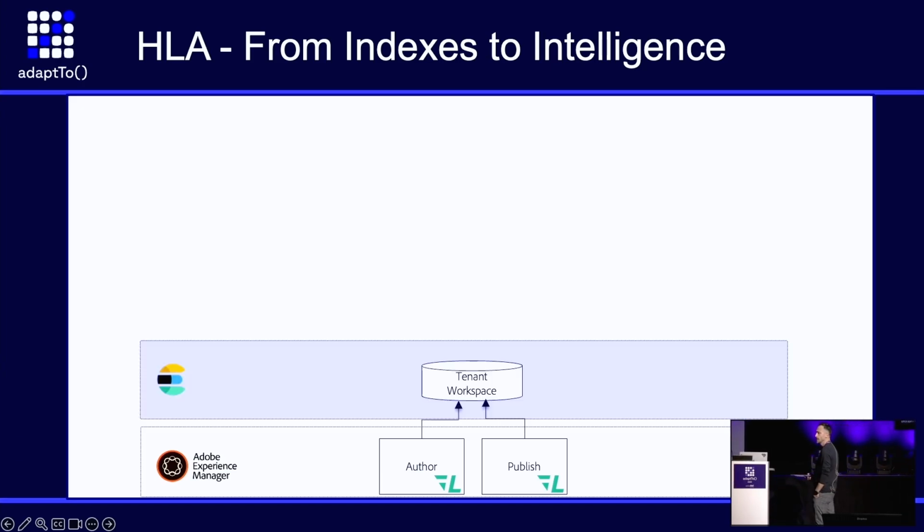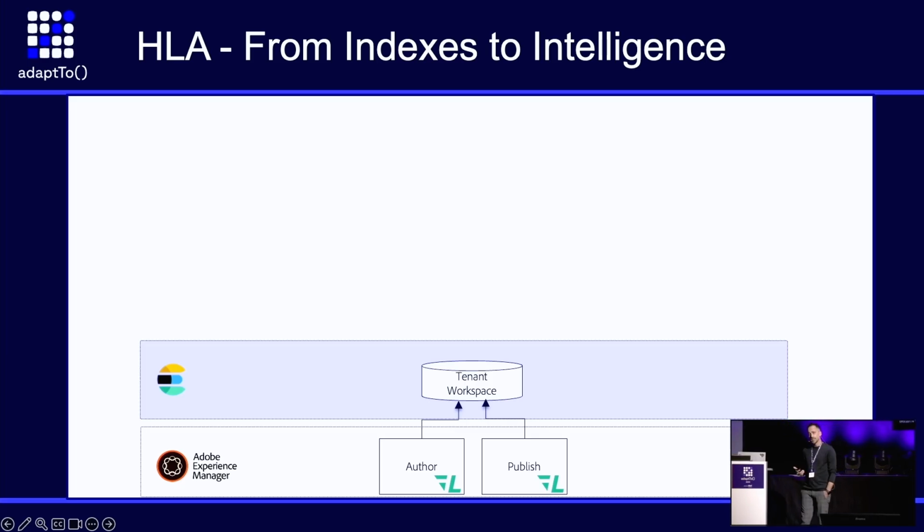We put a new layer on top of this, which we call remote search, powered by Elasticsearch. And from your point of view, this is mostly transparent. It means you can still use the same index definitions. You can still use the same JCR queries. And regardless of whether the indexes are materialized in Lucene or Elastic, nothing changes.